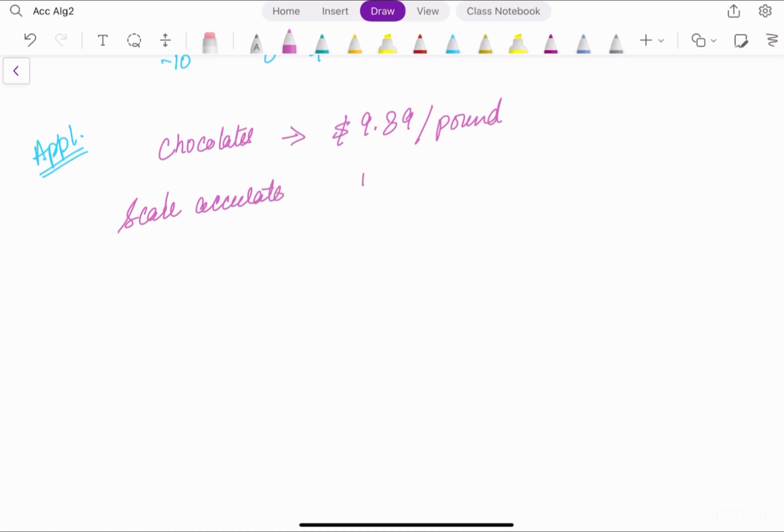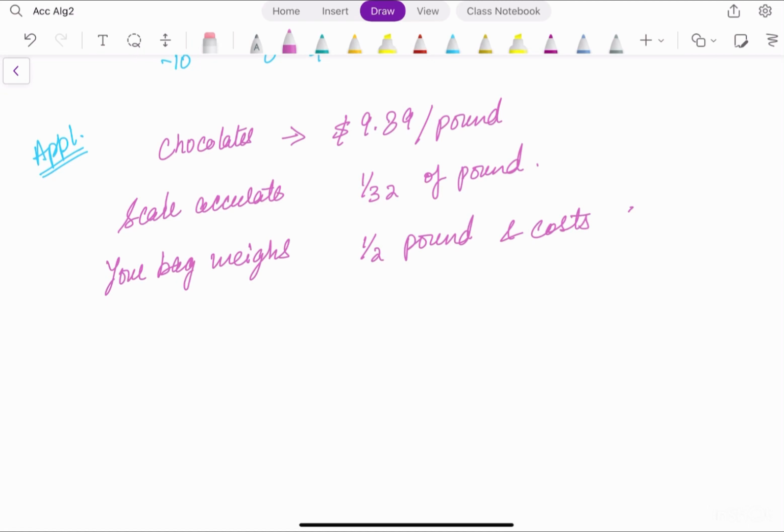I know it is a weird scale, but this is what it is. So you bought some chocolates and your bag weighs 1/2 pound and it costs $4.95. Now they are asking you how much you are undercharged or overcharged.